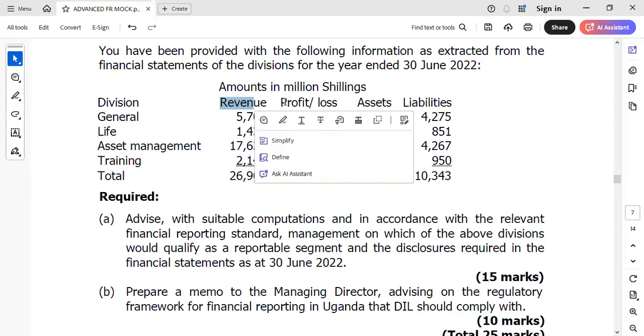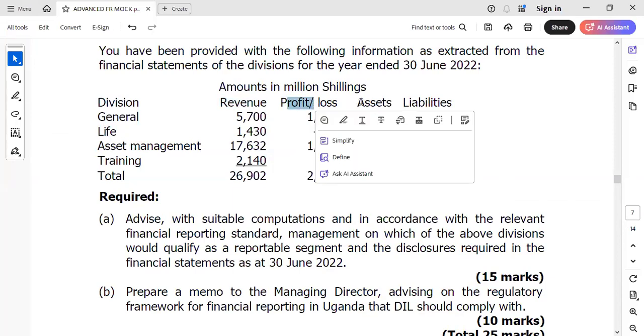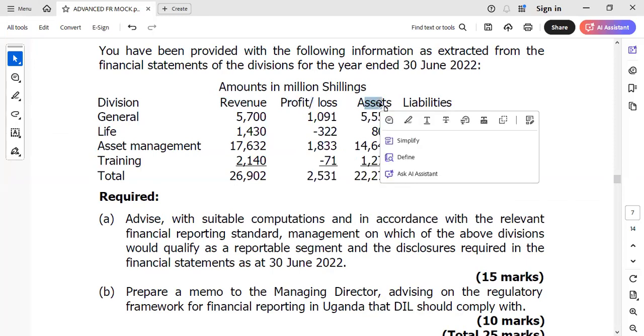Does it qualify under profit or loss? Does it qualify under asset criteria? You first identify those segments or divisions that qualify with all criteria.